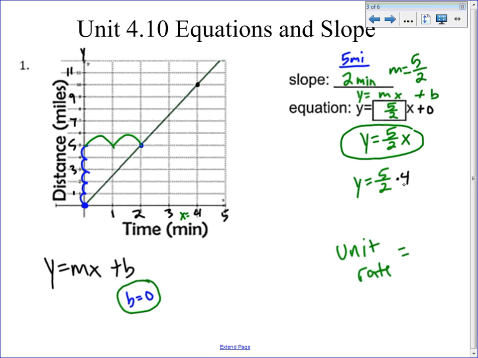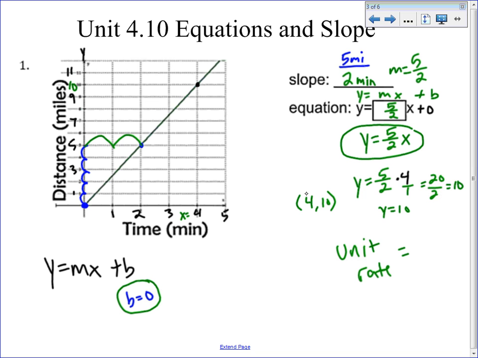Well, 5 halves times 4 is the same as 4 over 1. 5 times 4 would be 20. 2 times 1 would be 2. 20 divided by 2 should give us 10 miles. So if x equals 4, then we should have y equals 10, so we should have the point (4, 10). If we go over to 4, up, we need to see is this point at 10, and it indeed is.